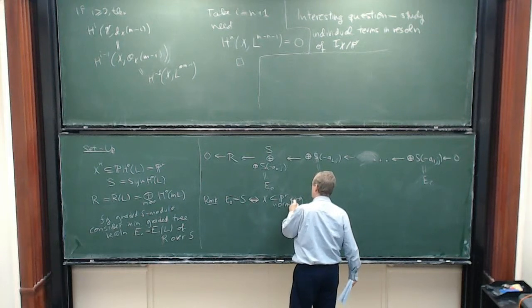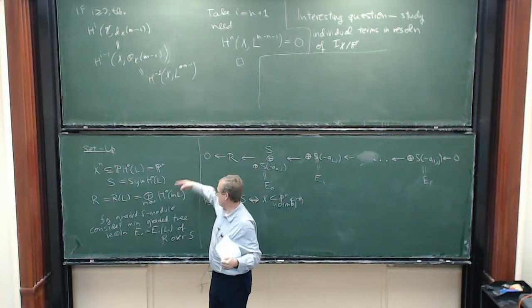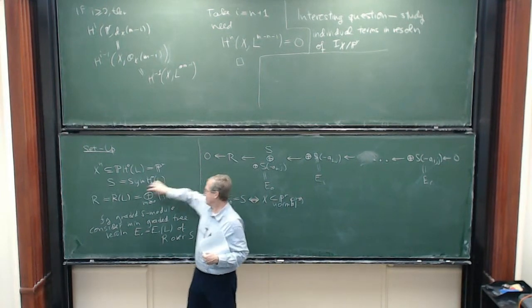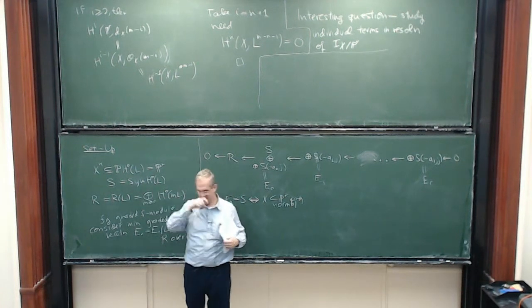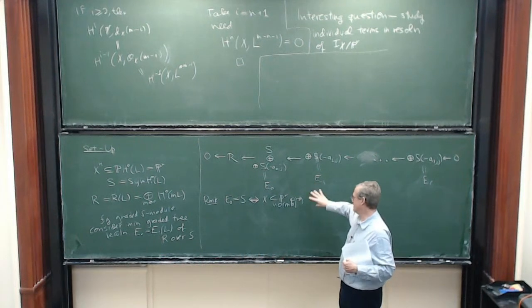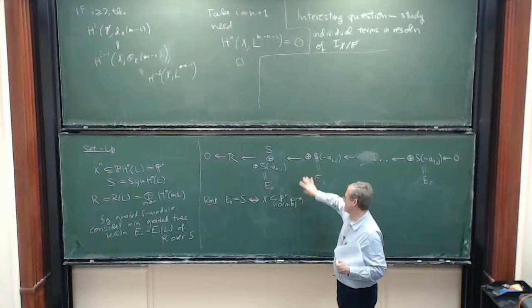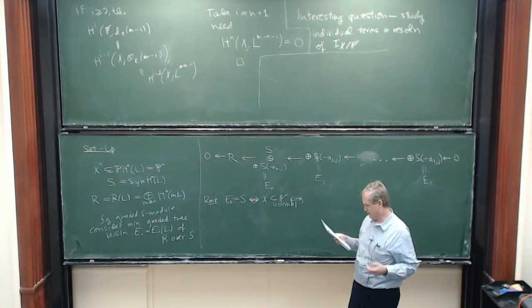Let's think what it means for E0 to be S. That means that all the sections of higher powers of L come from taking homogeneous polynomials in the degree 1 generators. That's equivalent to being projectively normal. If L is sufficiently positive, that's automatic. But for the setup here, it's better to look at it like this than to assume that to begin with.